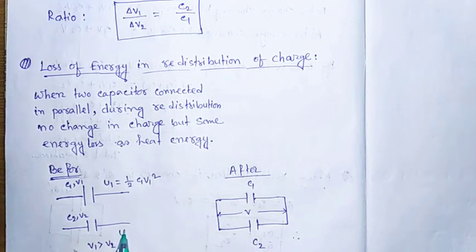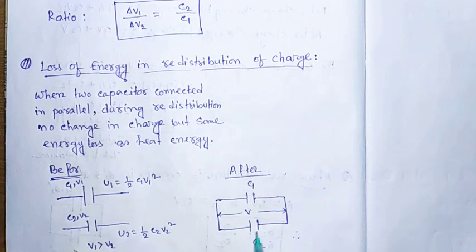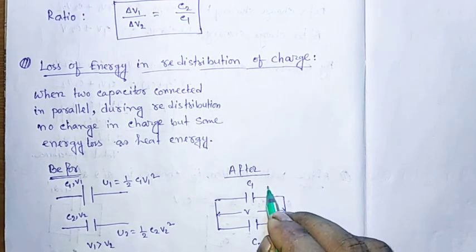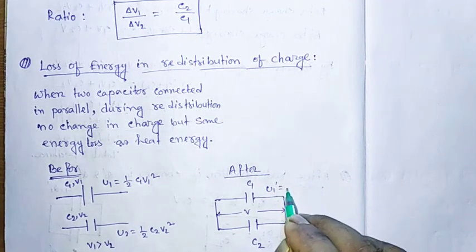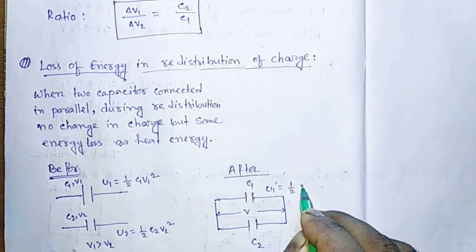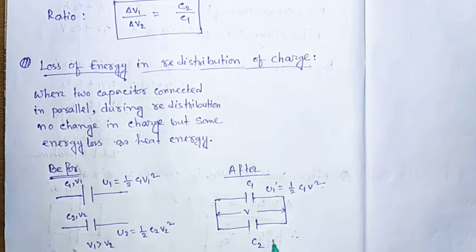Here energy U2 is equal to half C2 V2 square. Half CV square is the energy. So the total energy is U1 plus U2. After redistribution, energy U1 dash is equal to half C1 V square, and energy U2 dash is equal to half C2 V square.